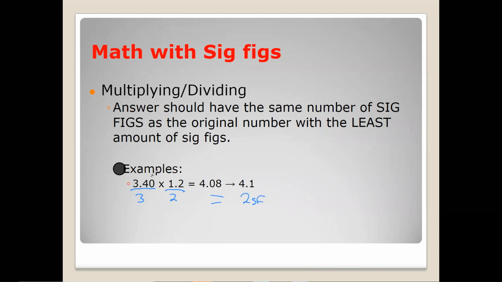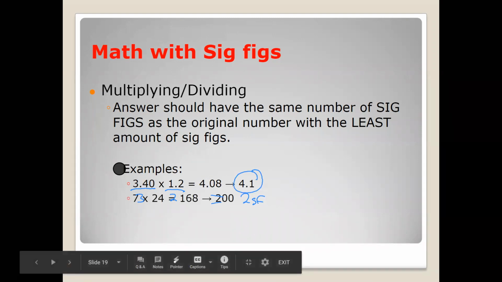If you multiply 3.4 times 1.2, you get 4.08, but you have to round it at that point to a number that only has 2 significant figures. So 4.08 rounds to 4.1, hence this is your final answer.